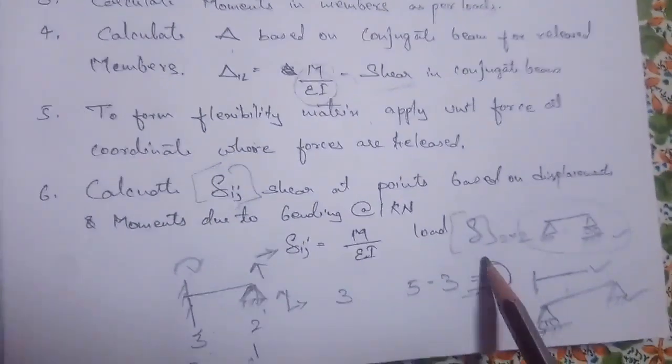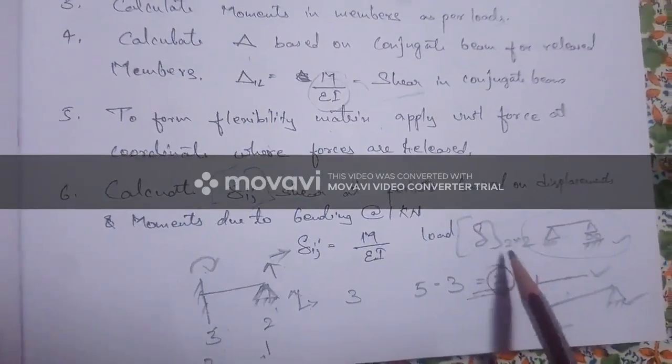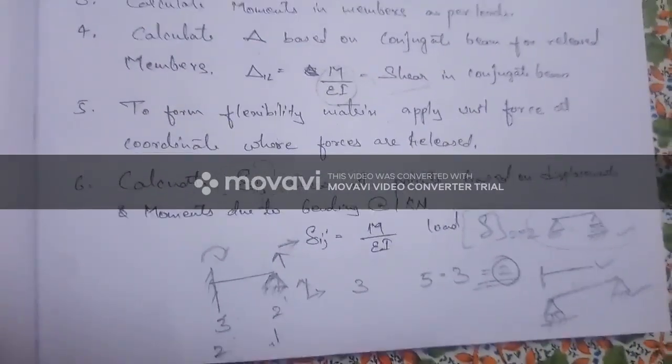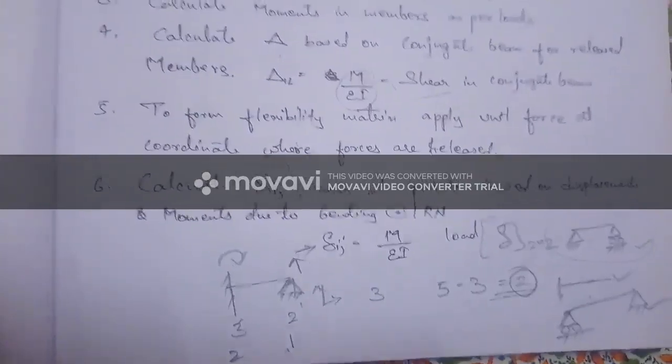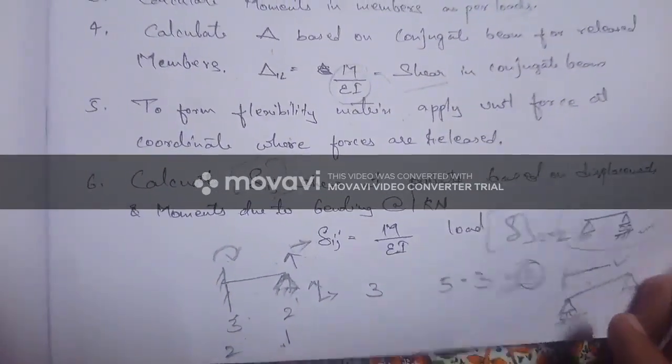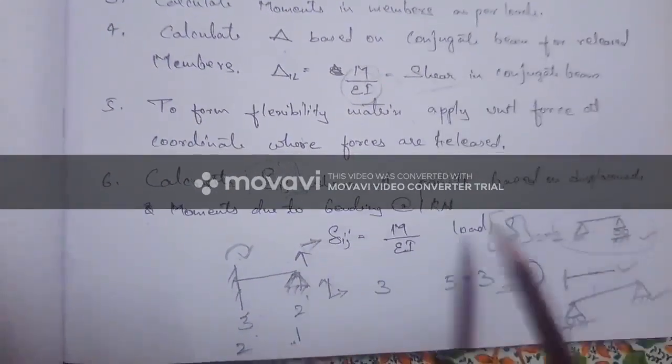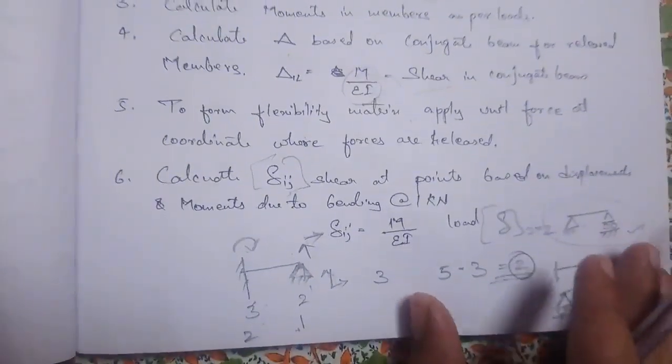So after forming this matrix, we will find out the displacements with respect to the matrices. So how do we form these displacements of the matrix? We will discuss now.